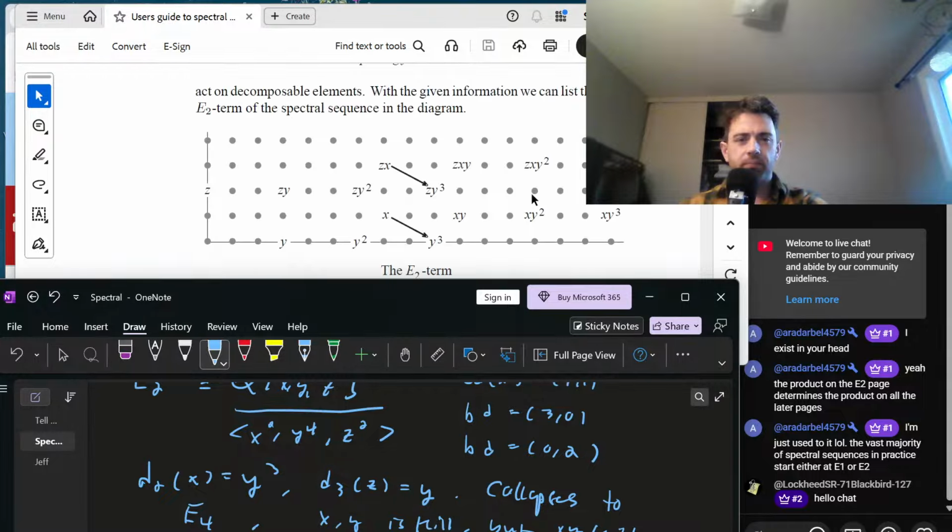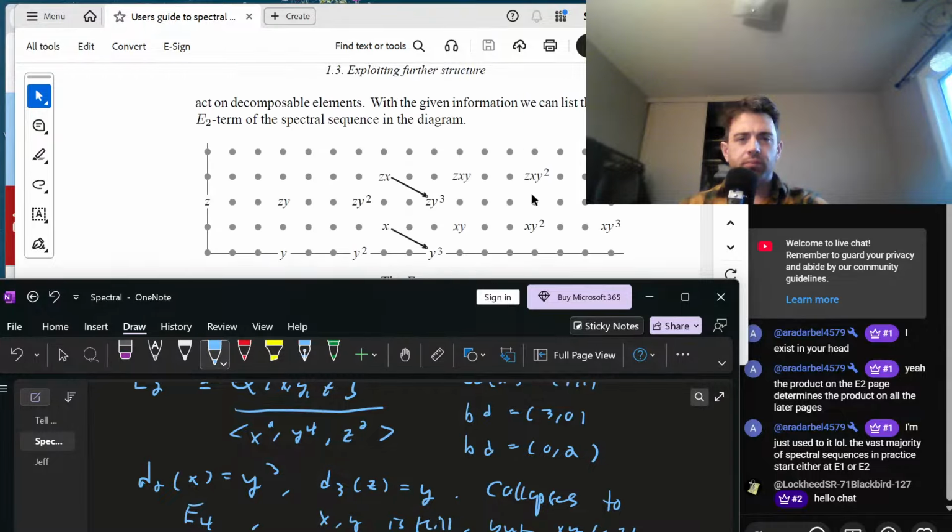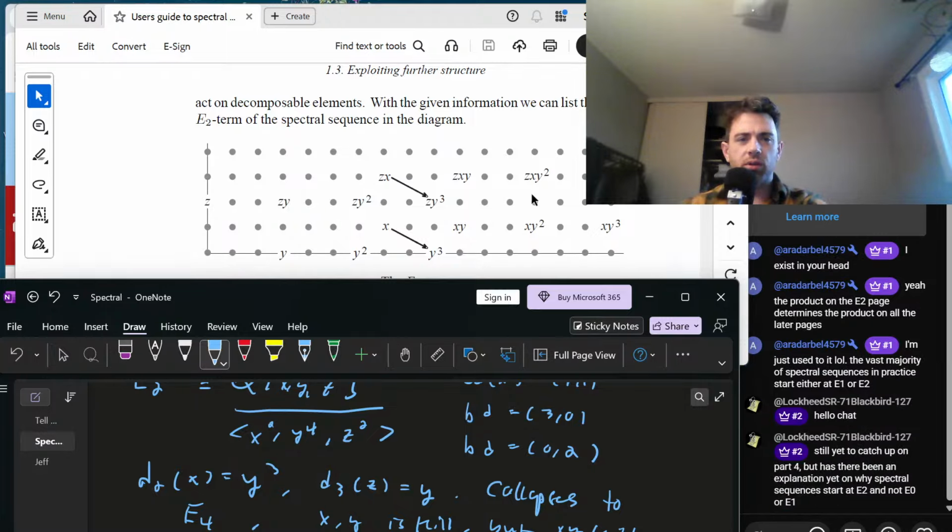With the given information, we can list the entire E2 page of the spectral sequence in this diagram. Oh, but we do know about the bidegrees. I guess that tells us the total degree.